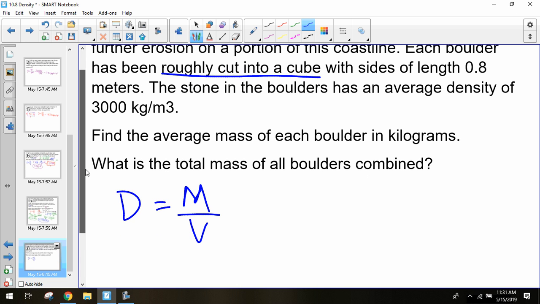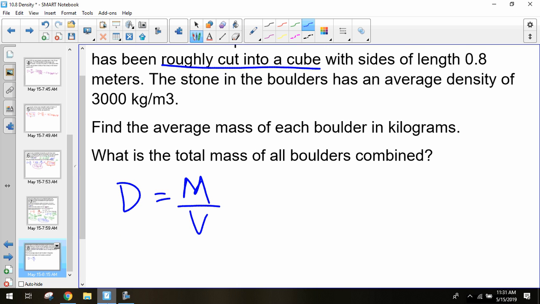Okay, density equals mass over volume. Our density we were told was 3,000, equals our mass, what we solve for, over the volume of our cube. We think about a cube as a prism, with all square sides.